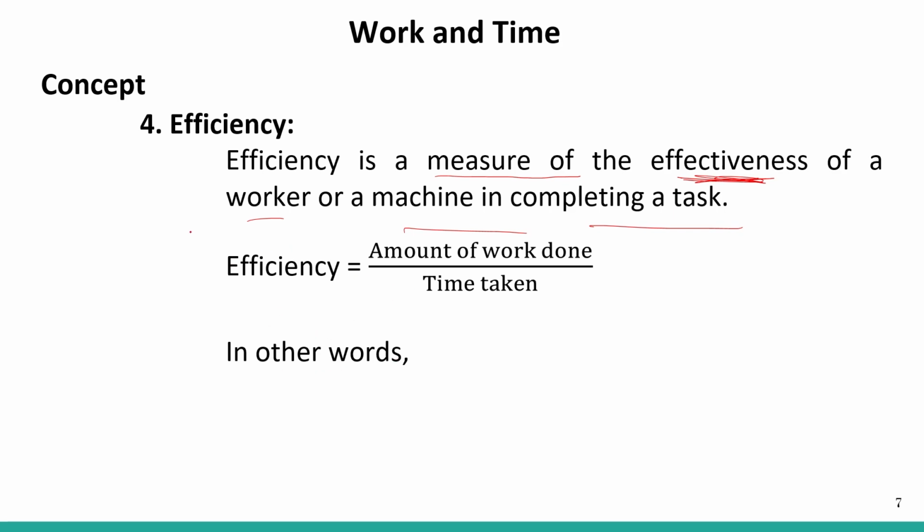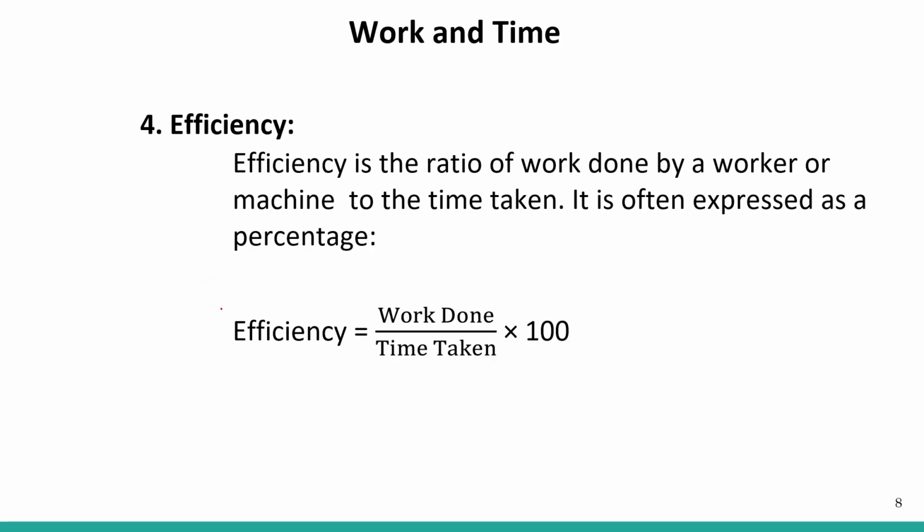This formula is important, so please remember this one too. In other words, efficiency is the ratio of work done by a worker or machine to the time taken. It is often expressed as a percentage, so efficiency is equal to work done by time taken into 100.